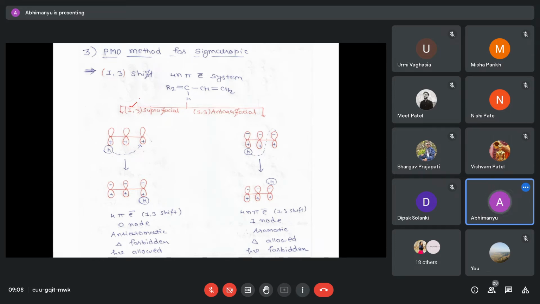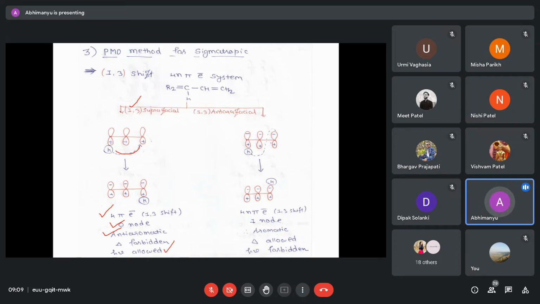In the 1,3 system, suprafacial means same side shifting, node zero. A 4 pi electron system with zero node is anti-aromatic, so photochemically allowed.